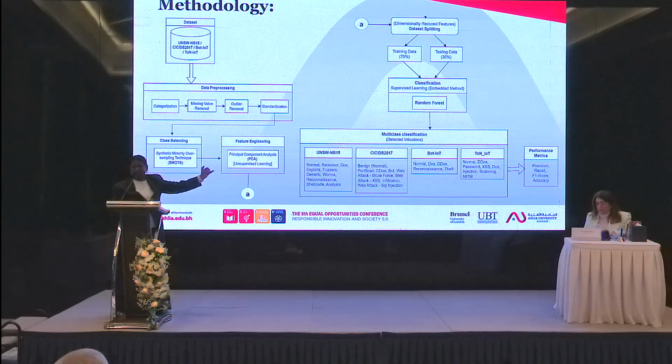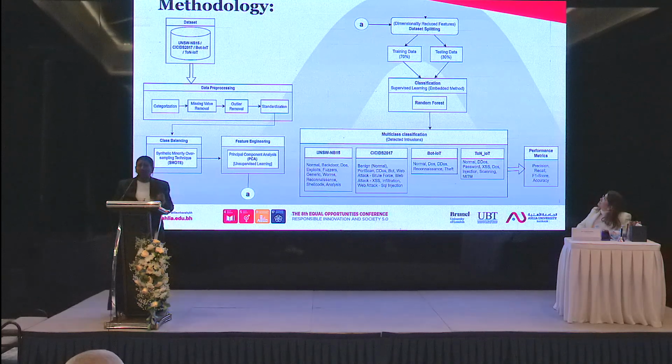Instead of going to the diagram, let me explain the steps directly. In data pre-processing, first we aim to clean the data as well as reduce the dimension of the data sets. In cleaning, we trim unwanted spaces in the columns, remove null values, remove columns with a single value, and sometimes remove highly correlated variables as well.